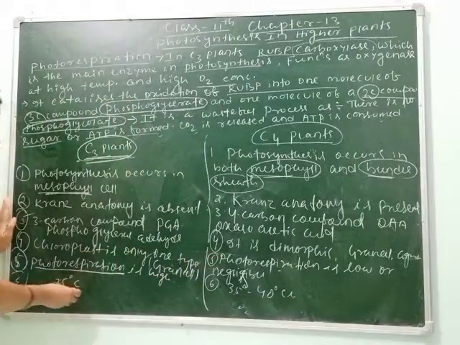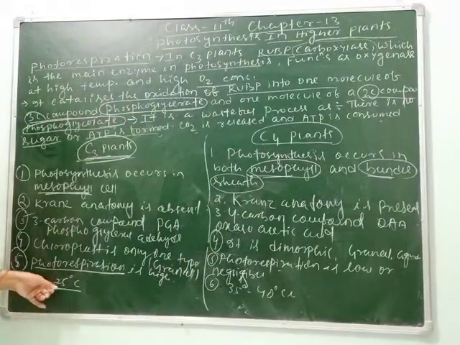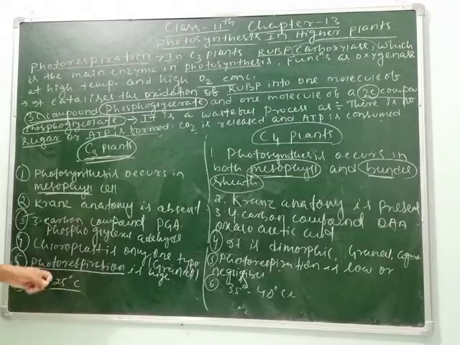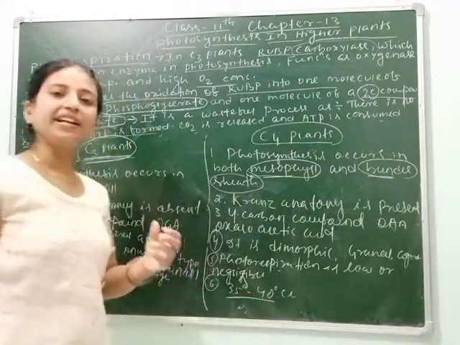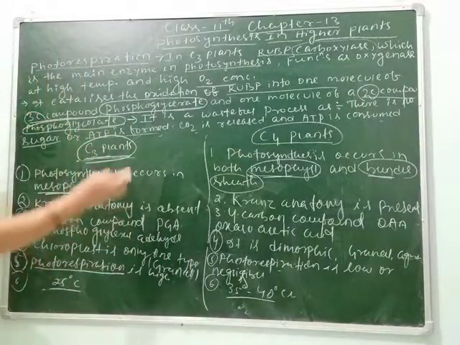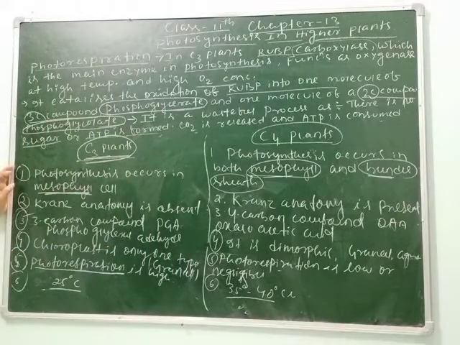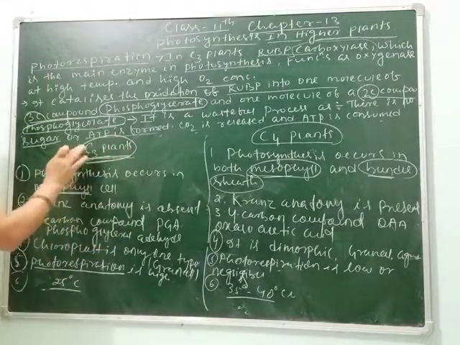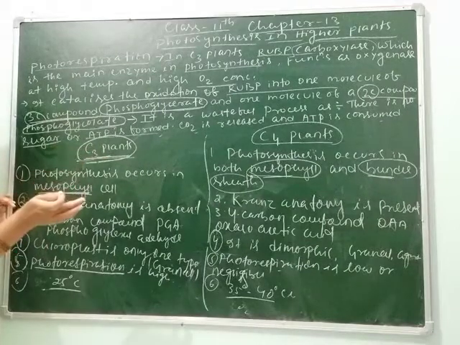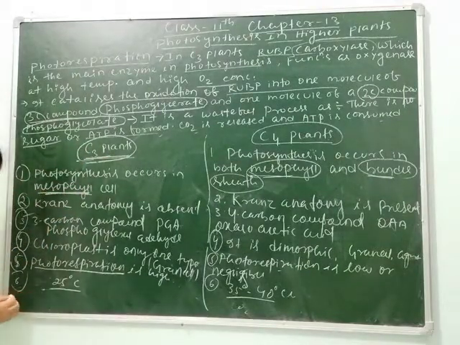Means at 25 degrees Celsius photosynthesis occurs in C3 plants, whereas between 35 and 40 degrees Celsius photosynthesis takes place in C4 plants. Clear? So C3 plants are photosynthetically less active. As we know that C3 plants give less productivity, we can say photosynthetically they are less active.